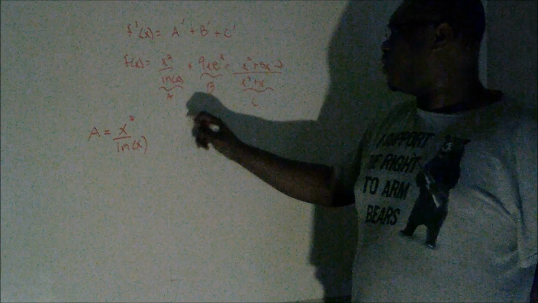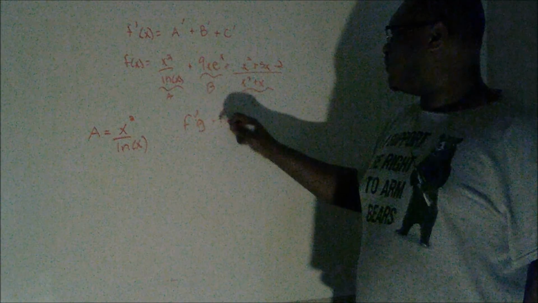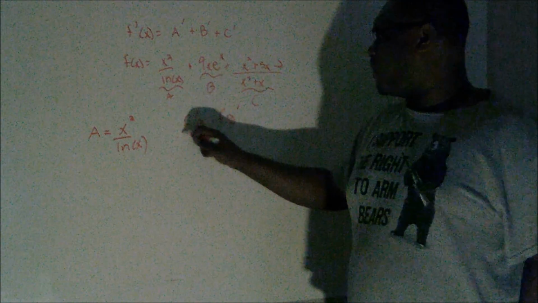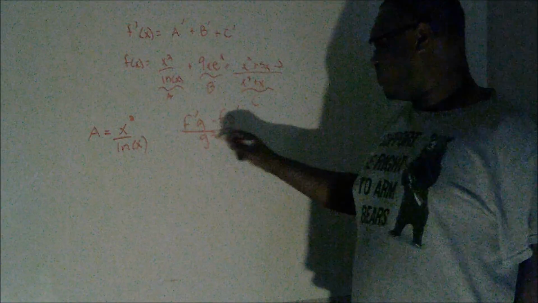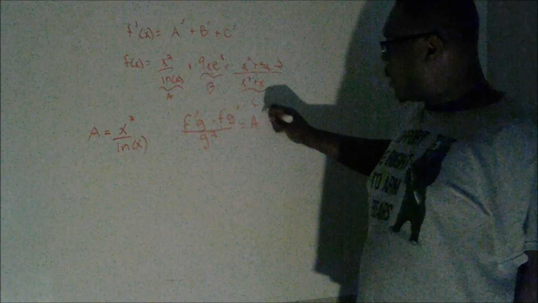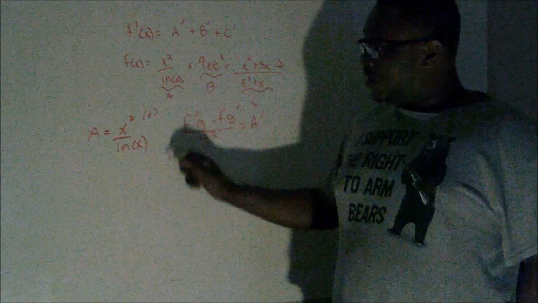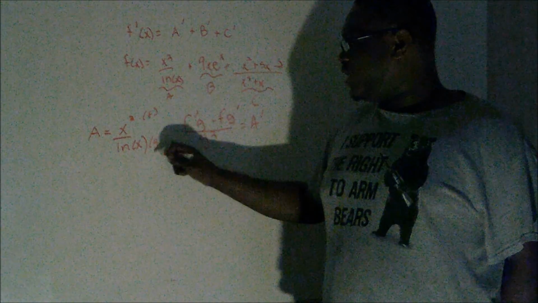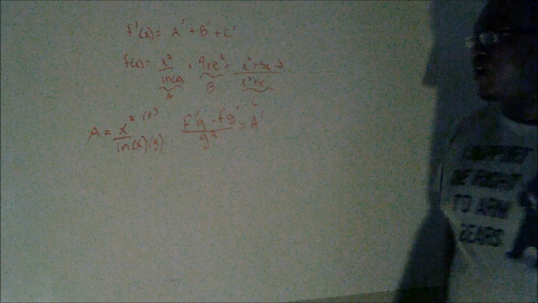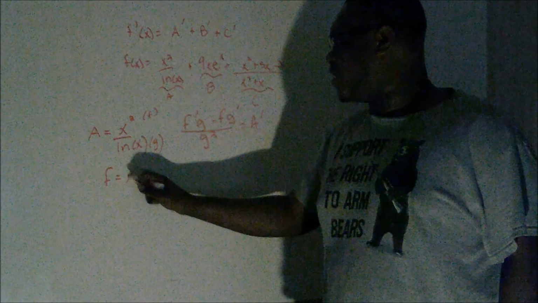So if you guys remember, the quotient rule is equal to f prime g minus f g prime all divided by g squared. And that's equal to a prime. So if we go ahead and label x squared as f and natural log of x as g, we can solve for that just like anything else. So we have f equals x squared.